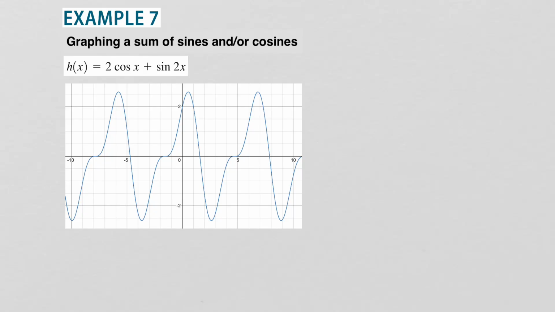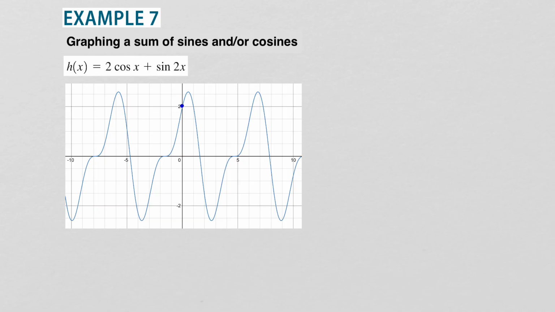We can graph sums of sines and or cosines using graphing calculators as well. So here's the graph of the function h of x equals 2 cosine of x plus the sine of 2x. I want you to notice that the graph does not behave the same as a regular sine or a cosine function. However, it is periodic still.